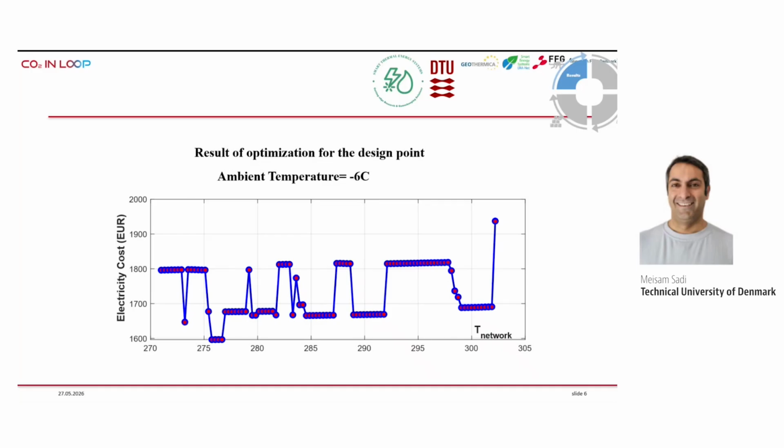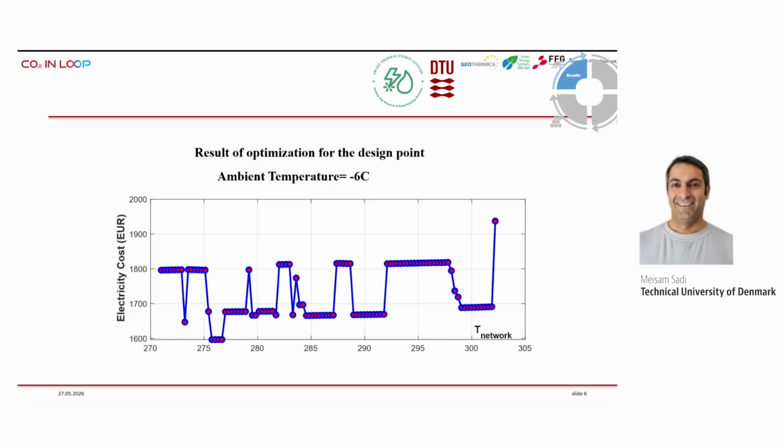Then after implementing the algorithm described in the last slide, we define it for each specific temperature of the network. We can run and simulate the system and investigate the electricity expenses of the system.